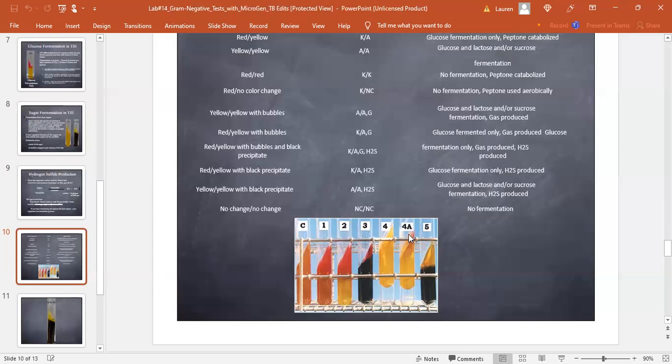Okay. So then let's look at number 5. Knowing now what you saw with these last few tubes, tell me what you would write out in terms of the slant slash butt and what that would mean. So for number 5, it would have glucose in the butt, with the yellow undercoat.